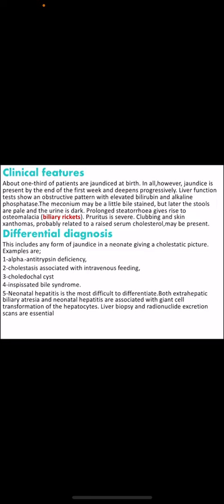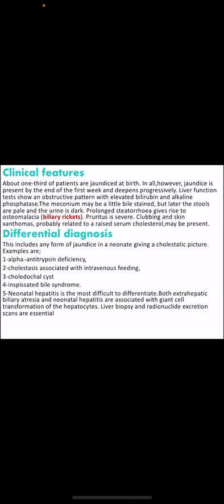يعني إذا ما طلع عنده jaundice باليوم الأول، by the end of the week he will develop the jaundice and it becomes deeper progressively. Liver function test shows an obstructive pattern. يعني معناه in the liver function test we can see the total serum bilirubin, direct type, will be increased.